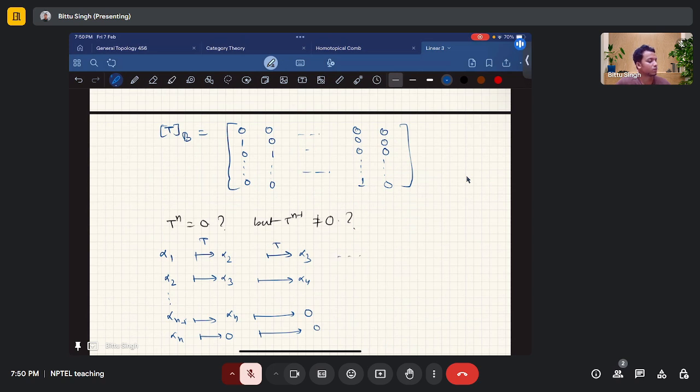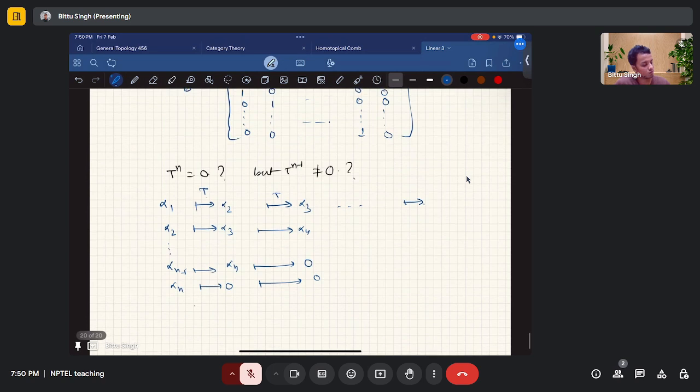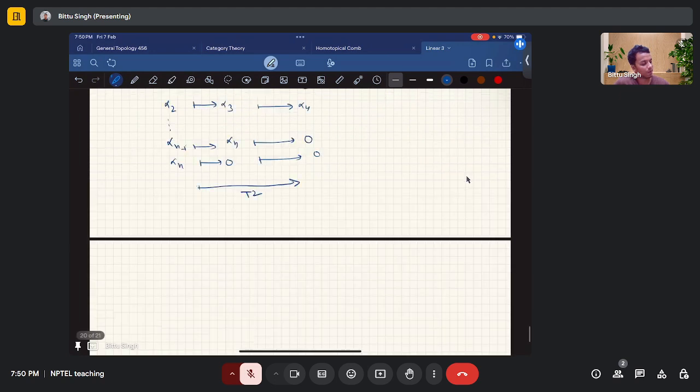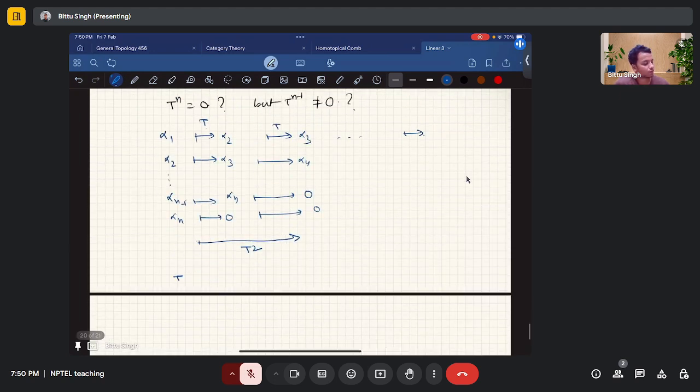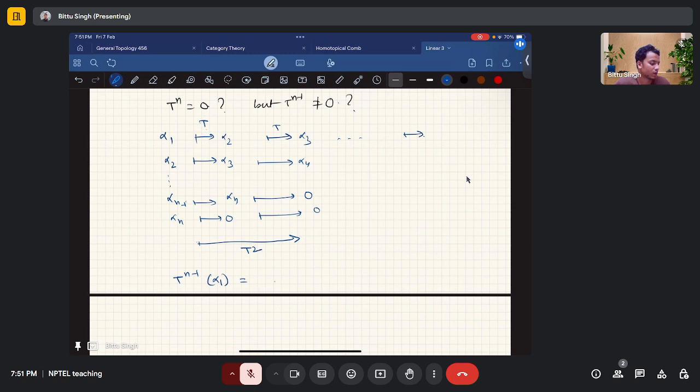So if we continue this process, this is the application of T, and this is T square. T composed with T is equivalent to T square. So if we apply T to the power n minus 1, then alpha 1 goes to alpha 2, alpha 3, and in this way goes to alpha n.